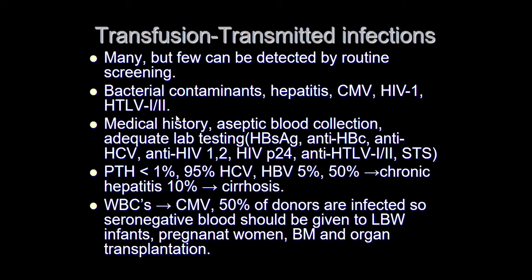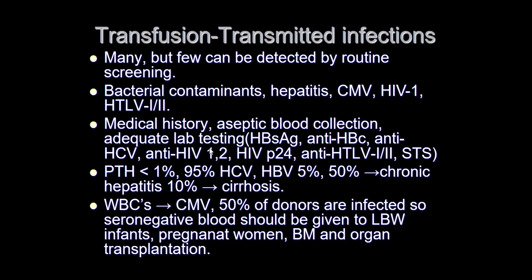So in order not to be infected with those infectious agents, you have to take a proper medical history, especially history of jaundice, as I said, and we should follow a complete aseptic blood collection technique so as not to be infected with bacteria.